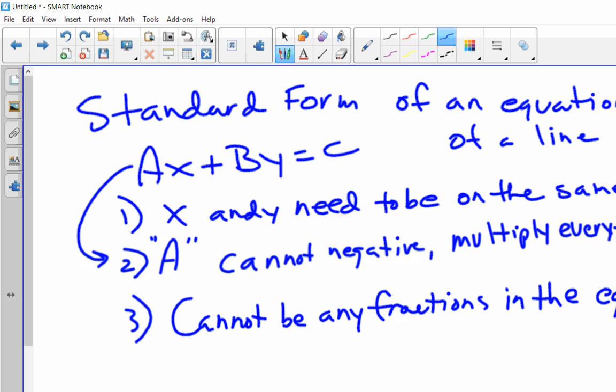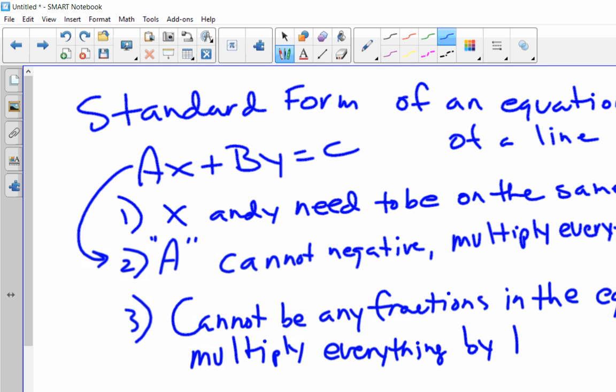And then to get rid of that, we're going to multiply everything by the common denominator. Okay.